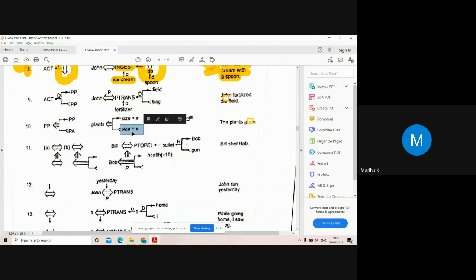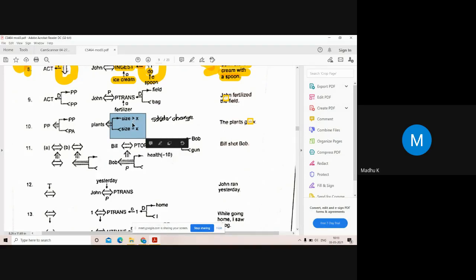Size equal to x, size greater than x. That means the concept grew. Grew, or growth, is represented in this way: initial size equal to x, then final size is greater than x.